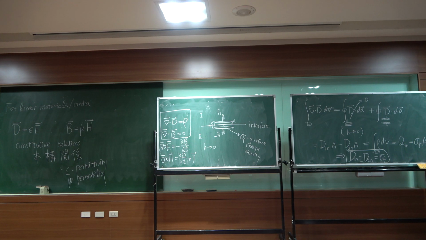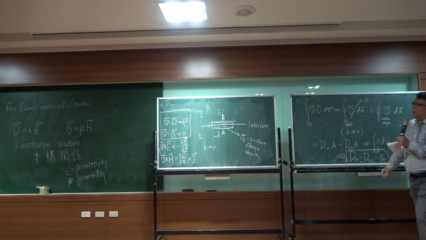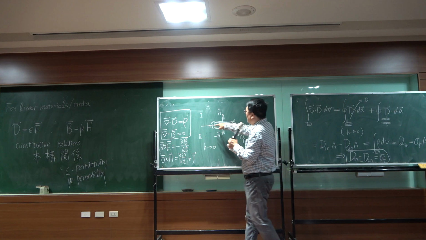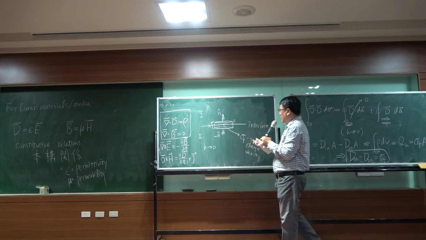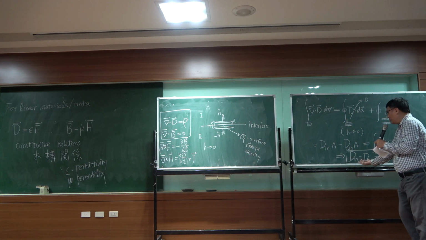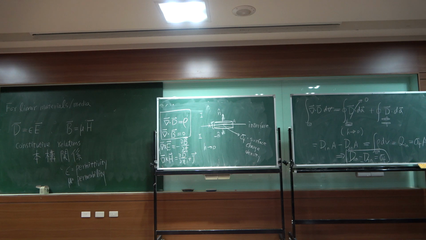Okay, free surface charge density. If we do not input any surface charge on the surface, then the normal component of the D vector will be continuous across this interface.